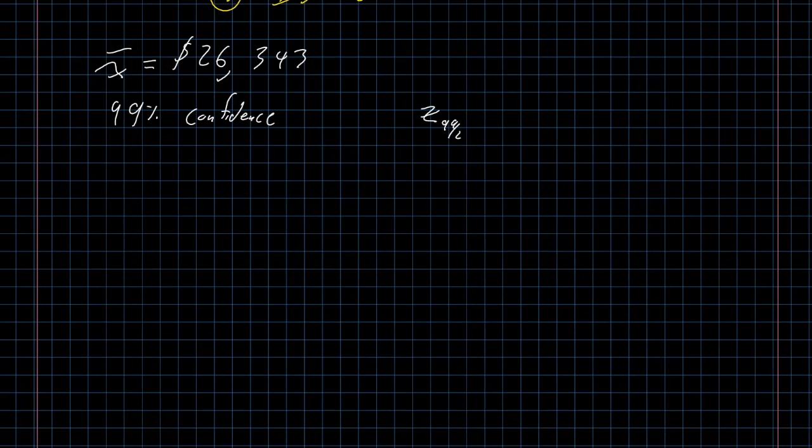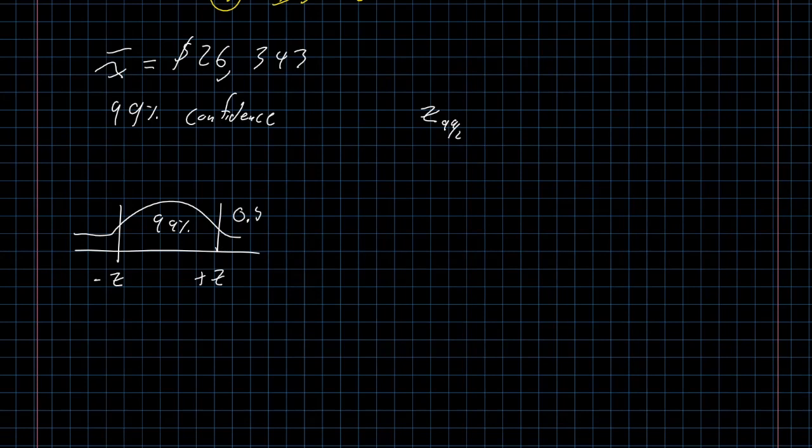Right. So looking up in the Z table, if we want a 99% confidence level, thinking about how confidence intervals work, that means we're looking for values so that 99% of scores are in the middle, and the last 1% is evenly distributed.